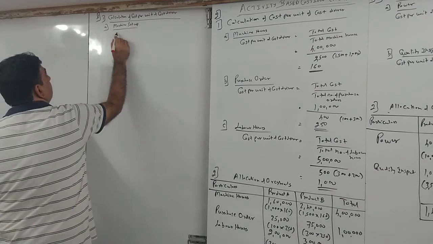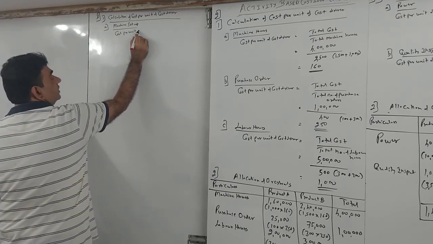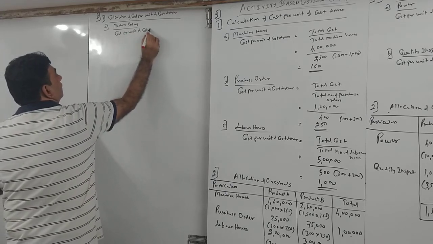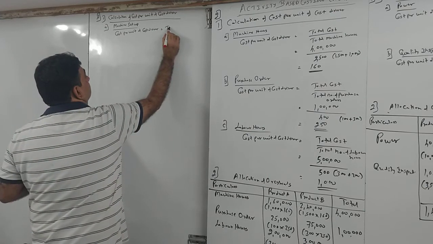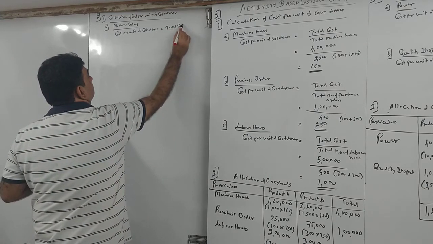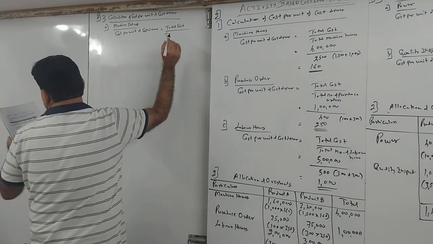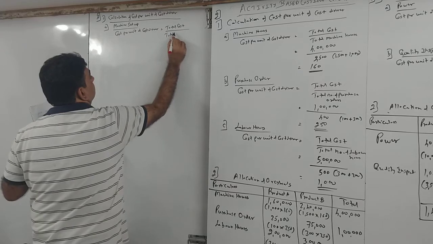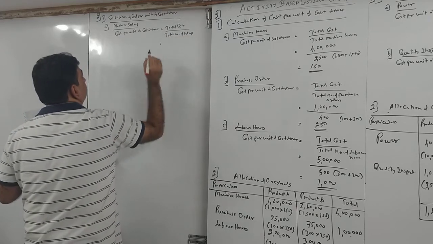Cost per unit of cost driver is equal to total cost upon, now see machine setup, what they have given you, number of setup, so total number of setup.